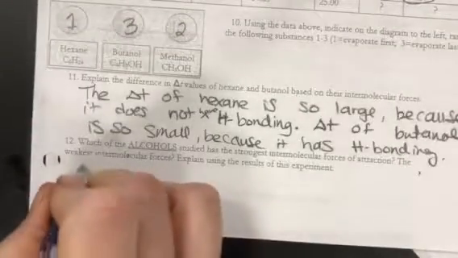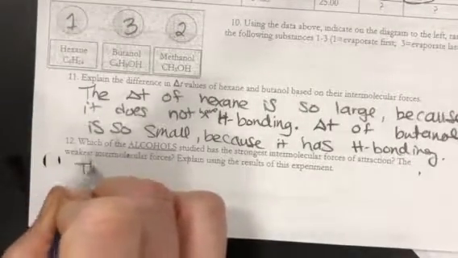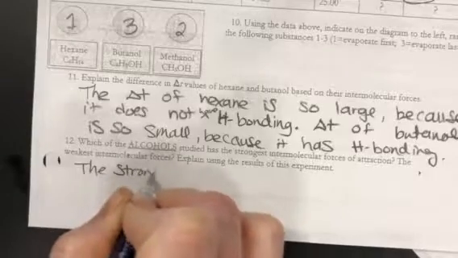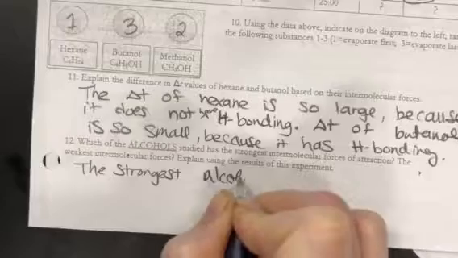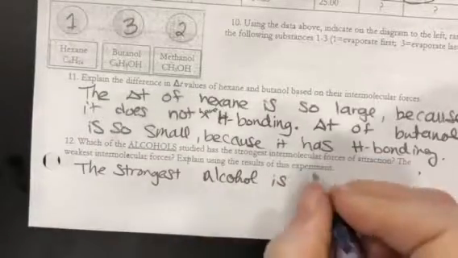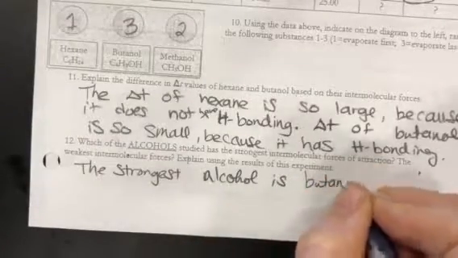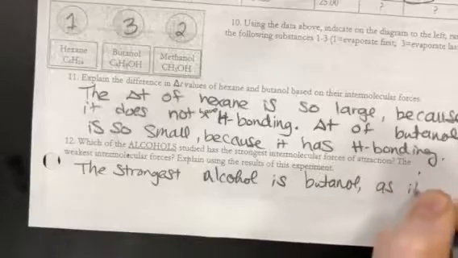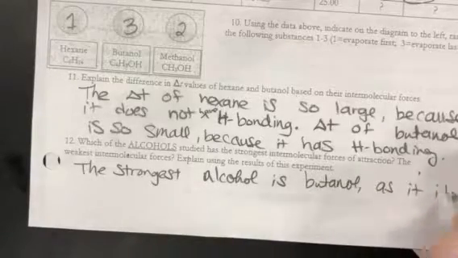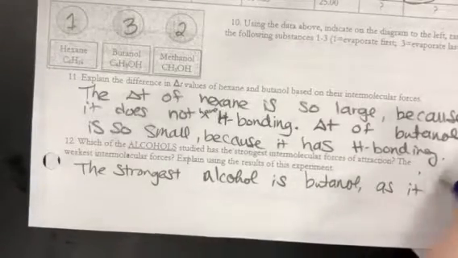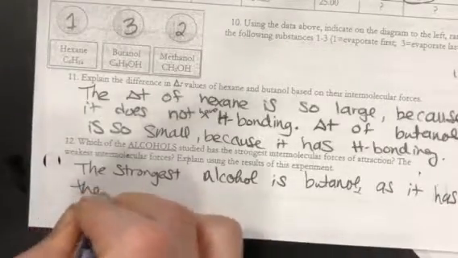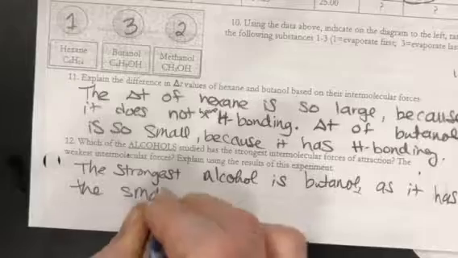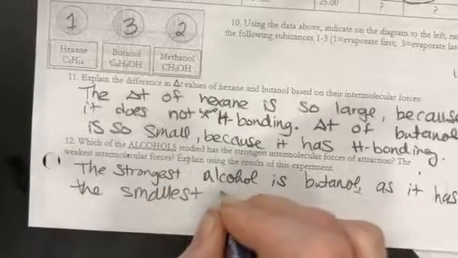So the strongest alcohol is butanol, as it has the smallest change in temp.